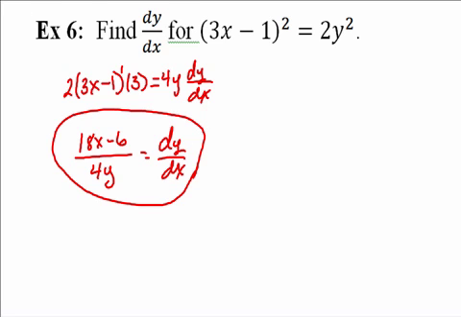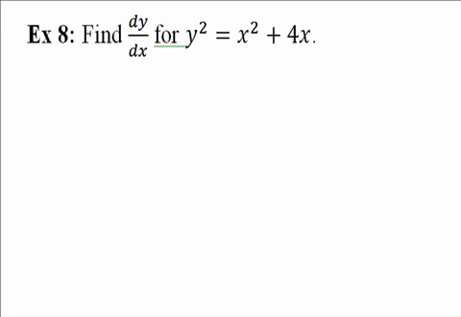All right, let's try another. This one, very similar problem. Pause, try it yourself. All right, so the derivative of this side is 2y. Oh, we took the derivative of y, so we need to put a dy/dx behind it. And that equals 2x plus 4.